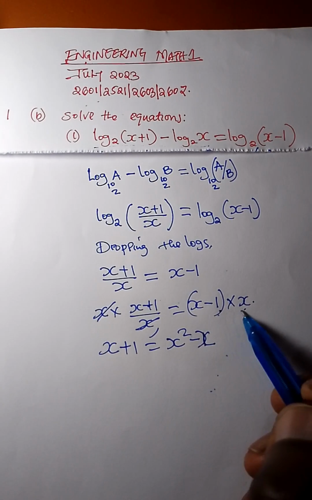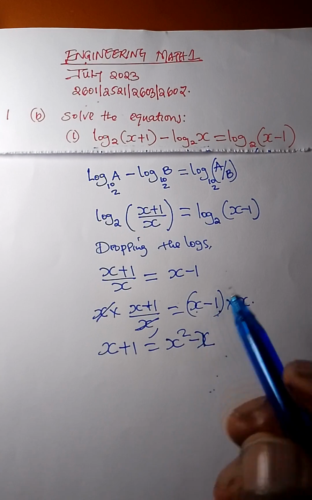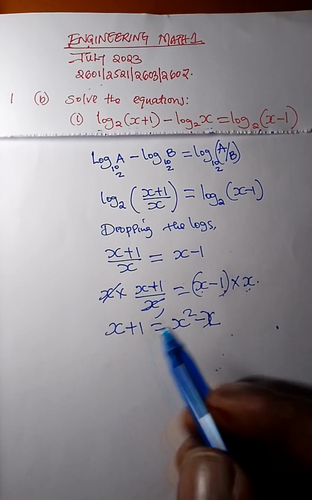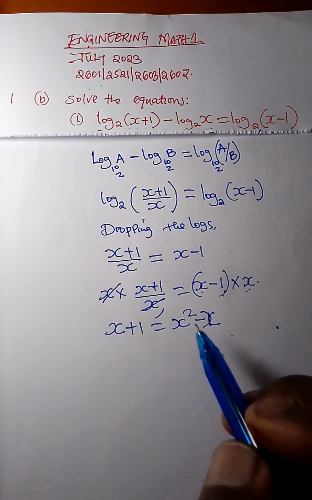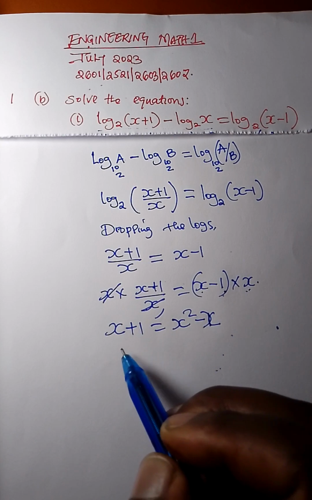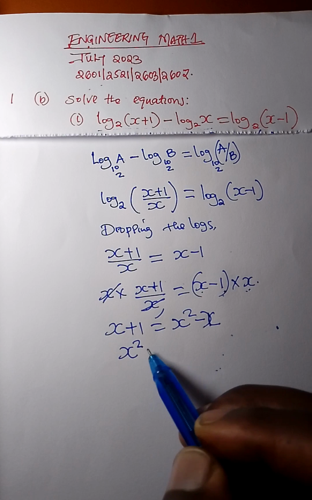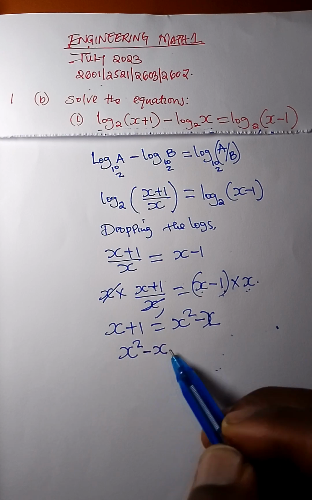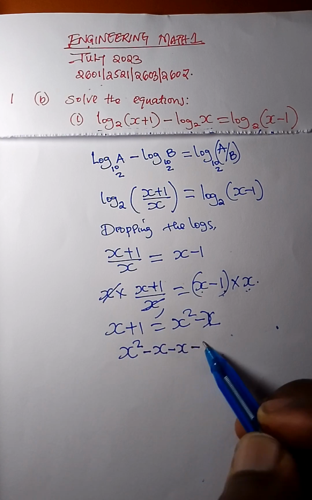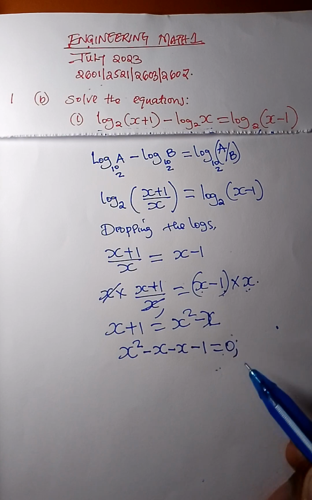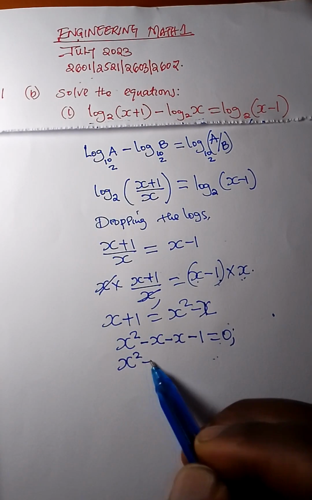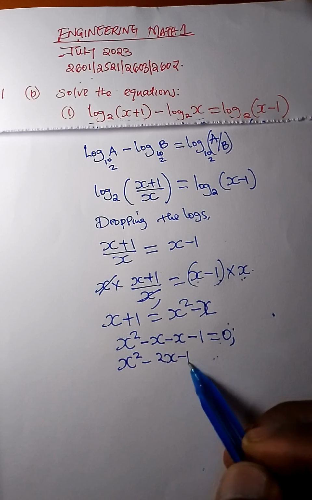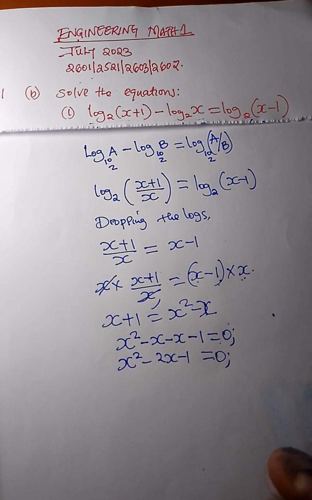It's x times this and x times that, which gives us that. From here we can see that we are forming a quadratic expression. So we take this to the right hand side, so we shall have x squared minus x minus 1 is equal to 0. This shall be simplified to x squared minus 2x minus 1 is equal to 0.